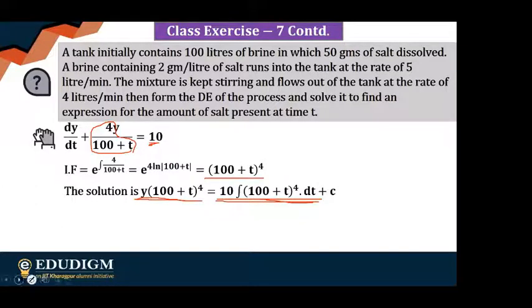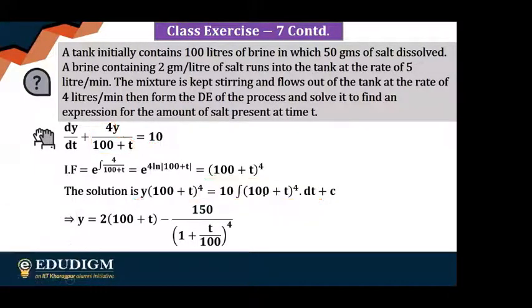So this is not very difficult. I have directly written this, but let me just tell you the steps here. What is this? Let me integrate. So this is actually 100 plus t to the power 5 by 5. So this is actually 2 into 100 plus t to the power 5, plus c.